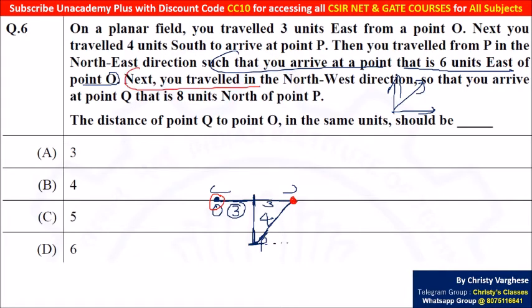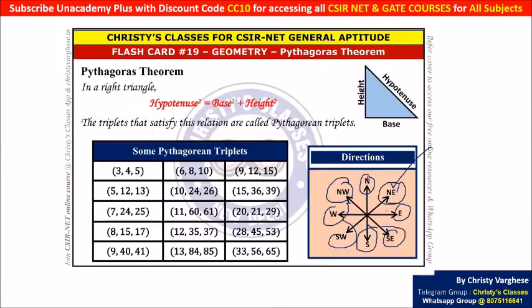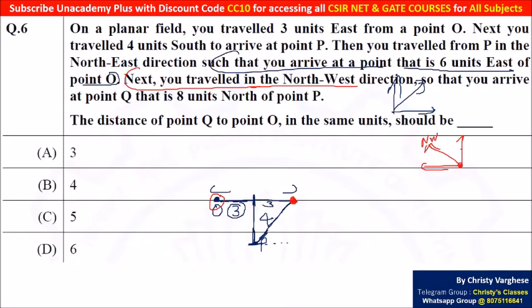Now next you travel in the northwest direction. Northwest direction means, for example, if this is north and this is west, 45-degree in between, this is northwest. Look at the picture. This is northwest. From here, northwest direction, such that 8 units north from point P, that point you are reaching.